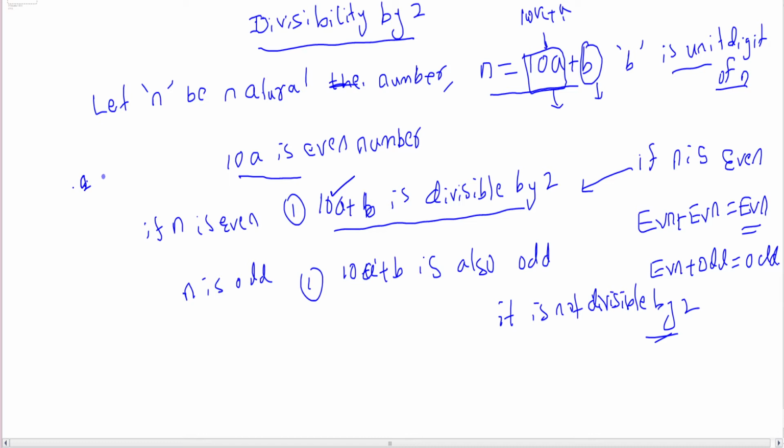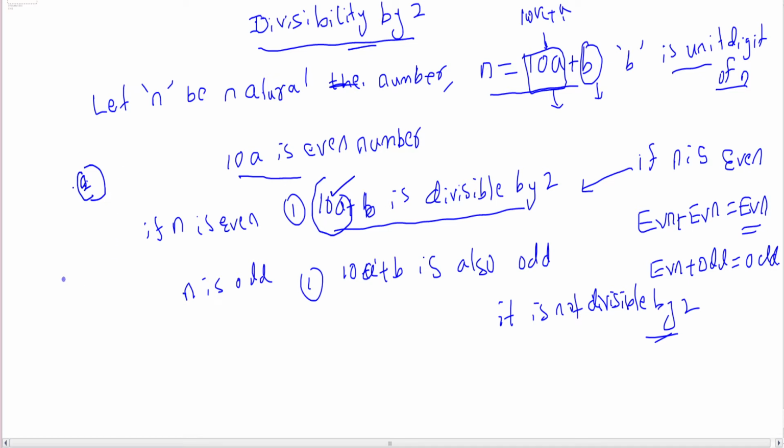If it is even, for any natural number or integer, what we finally conclude is that whenever the unit digit is even, the other digits will be represented in the form of 10a, which is even. So if the unit digit is even, the whole number is divisible by 2, meaning the remainder becomes 0.